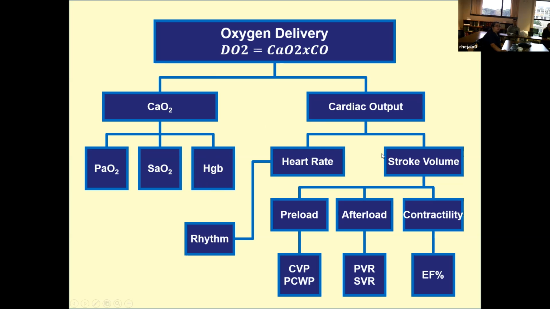And the problem in the heart can be related to the heart rate or to the stroke volume. If the heart rate is adequate, then the stroke volume is determined by preload, afterload, and contractility. These three have to be optimized for somebody to have an adequate stroke volume.